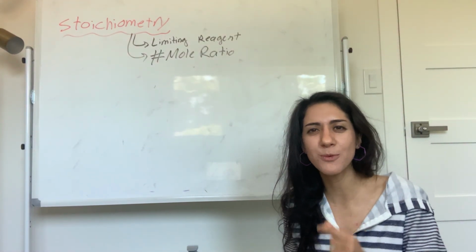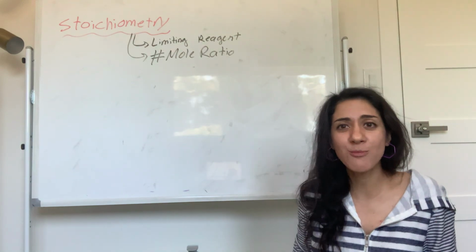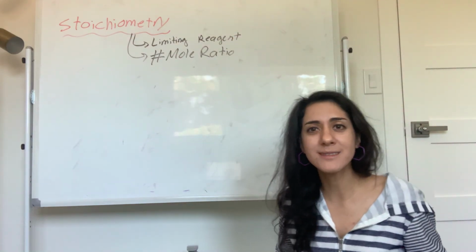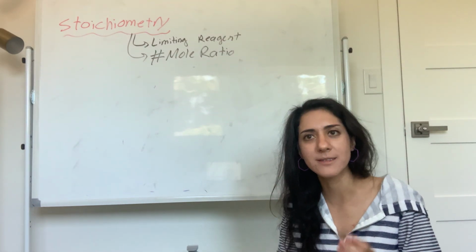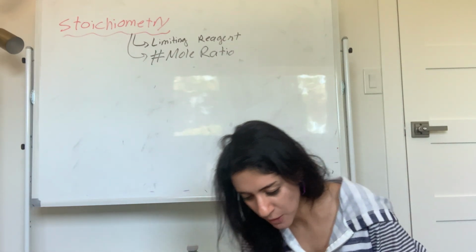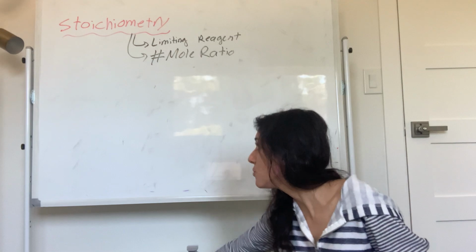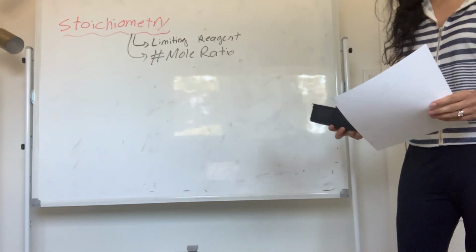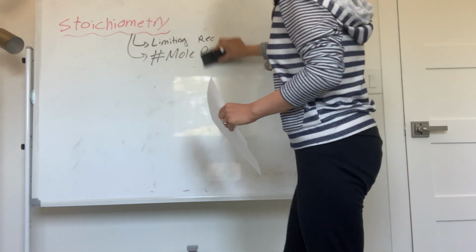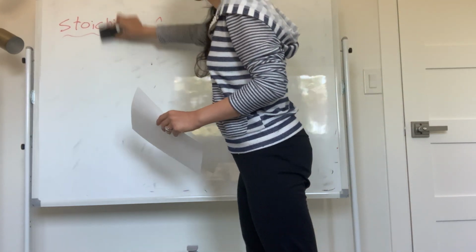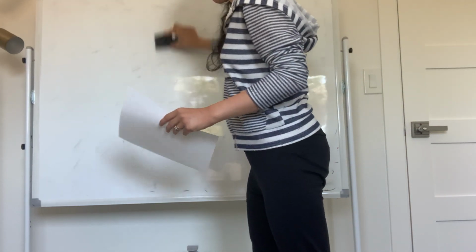Mole ratio is really key. This is why we love molarity, because we balance the chemical equation using moles. So mole ratio really matters. So far so good? Okay, so are you ready to do a practice problem for stoichiometry? So don't forget that for me. I want you to remember limiting reagent, and I want you to remember mole ratio.